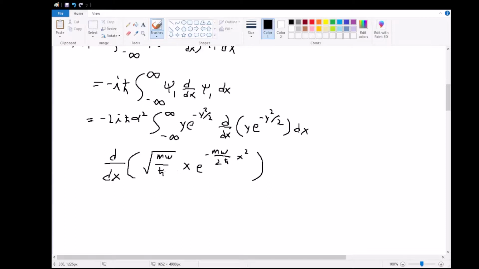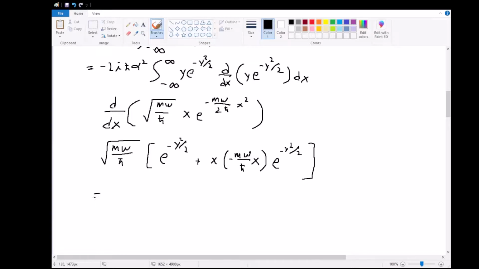And then we just do the chain rule, my apologies, for derivatives. So we move the constant out to the front, so the square root of m omega over h bar comes to the front. And then we have e to the negative y squared over 2 plus x times negative m omega over h bar times x, and then e to the negative y squared over 2.